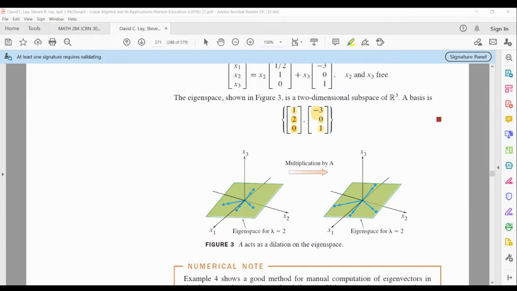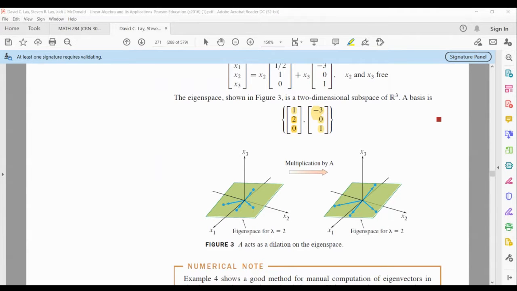But if you were to take all the vectors in that eigenspace and multiply them by the matrix A, you would see how it stretches the vectors. It could dilate the vectors too, but in this case they're showing stretching. Because lambda equals 2, it's going to stretch them by a factor of 2.